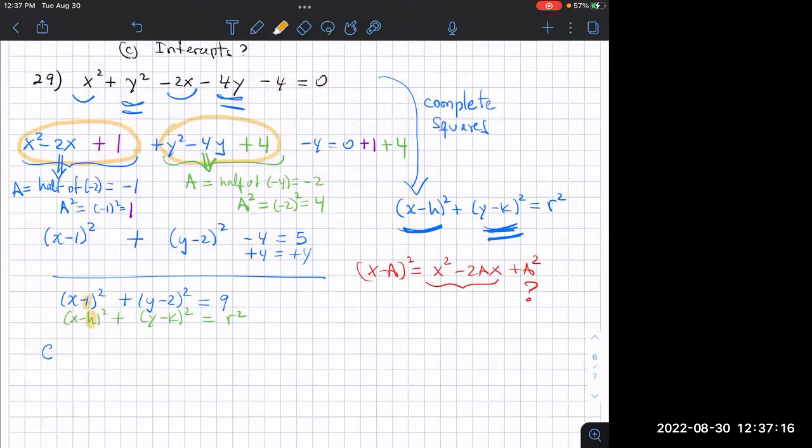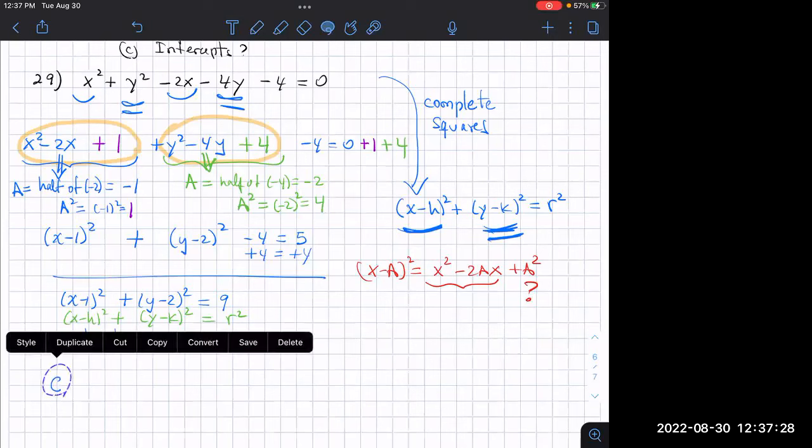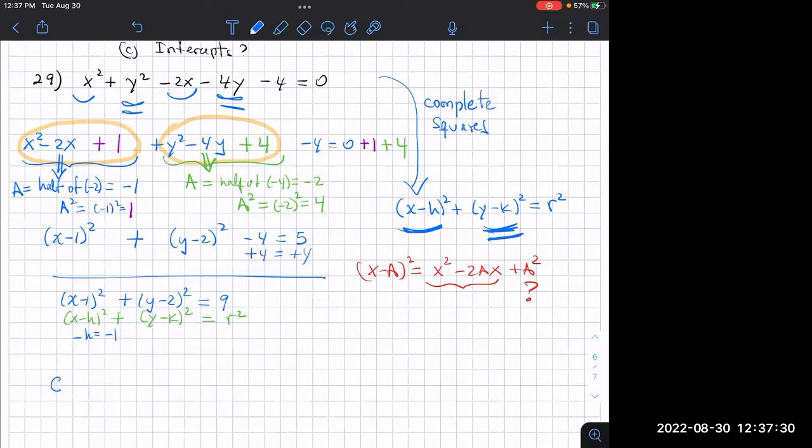Minus h is negative 1, so what's h? Is it just positive 1? Yes. So the center h comma k will be 1 comma, what is k? 2. So 1 comma 2.